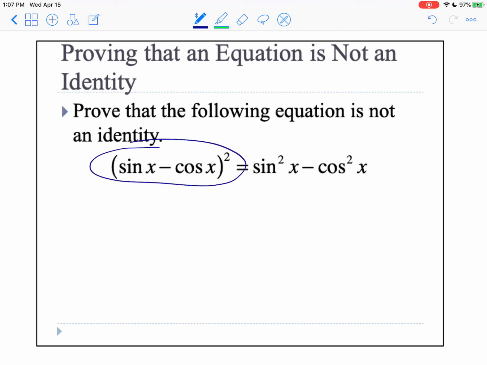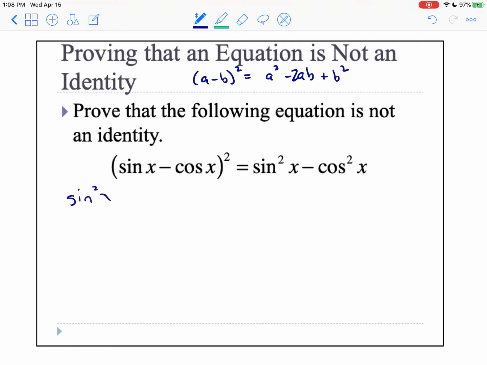So if I multiply out the left side of this equation here, remember, if I have something of the form a minus b squared, that's a squared minus 2ab plus b squared. And so this is going to be sine squared x minus 2 sine x cosine x plus cosine squared x.